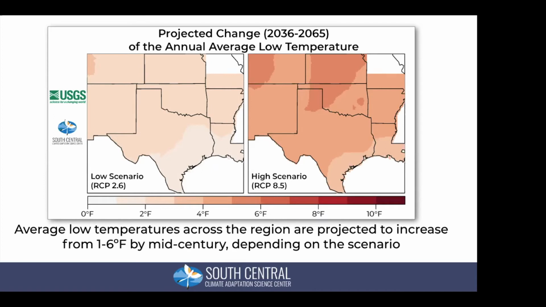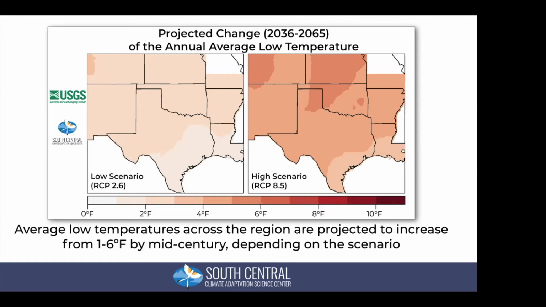So you're looking at the projected change in the annual average low temperature across the South Central US by mid-century in the peak and decline or low scenario on the left, and the business as usual or high scenario on the right. The results indicate that in the low scenario, average low temperatures across the region are projected to increase by 1 to 3 degrees Fahrenheit by mid-century.